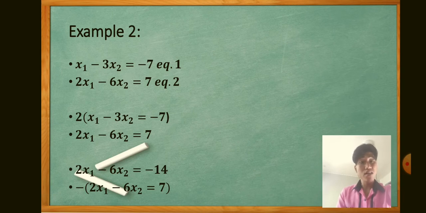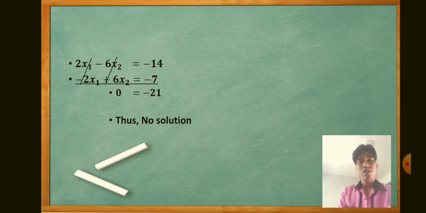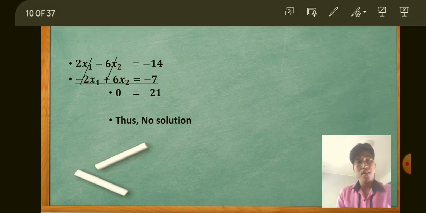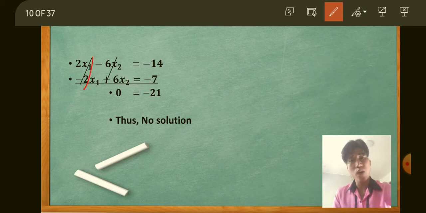In order to eliminate x1, we need to multiply equation 2 by negative. Negative times 2x1 minus 6x2 is equals to 7, so here, negative 2x1 plus 6x2 is equals to negative 7. So we can cancel x1.